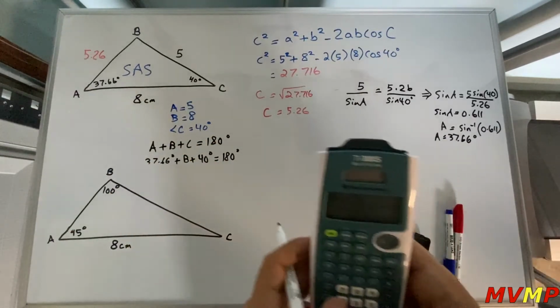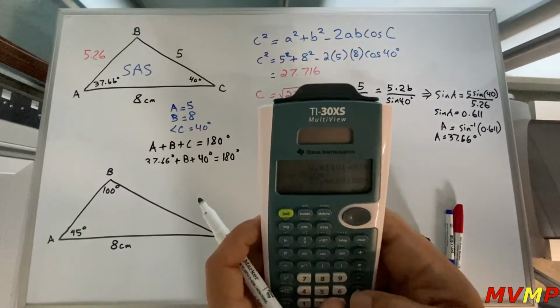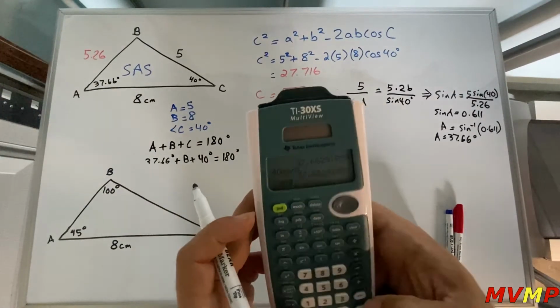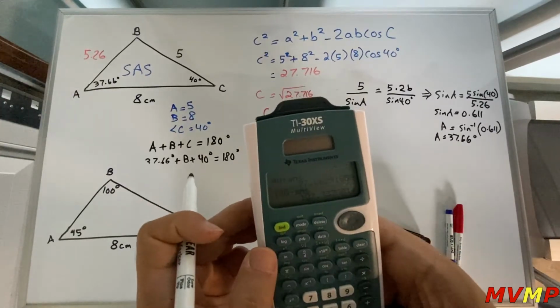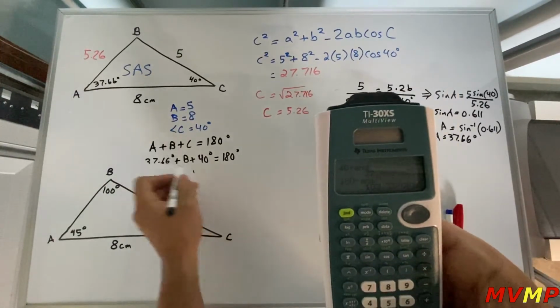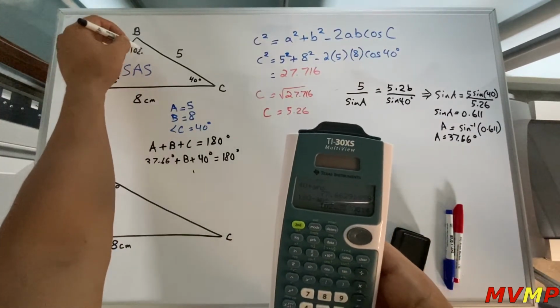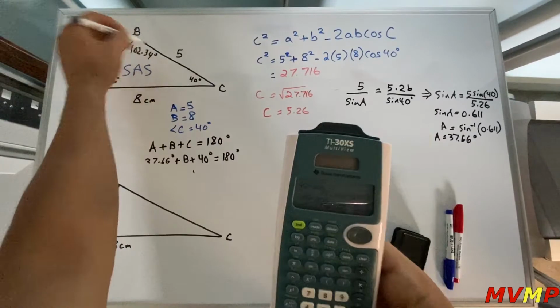You just subtract. So 40 plus the answer, and then you do 180 minus that. And we see that our B angle here is going to be 102.34 degrees.